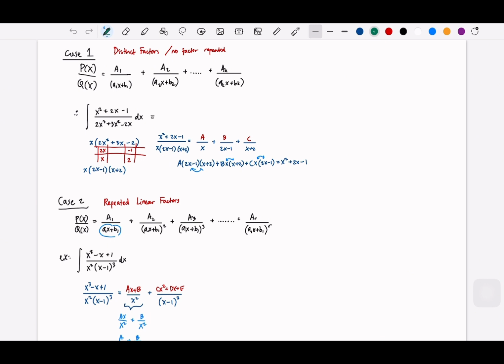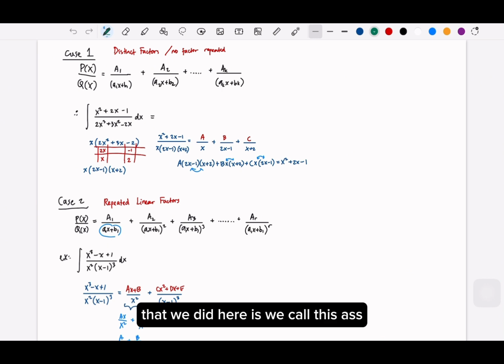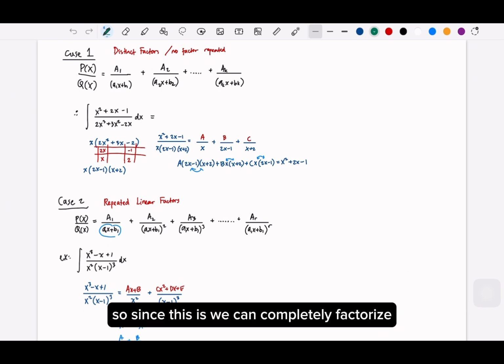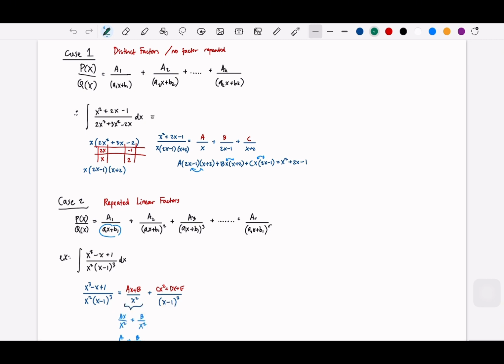Okay, so the first one that we did here, since we can completely factorize and the factors are different with no multiplicity, we call this case 1, or let me write with red.